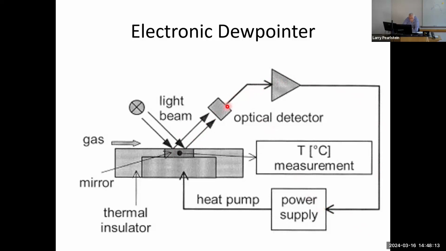So the more light strikes this, the less power goes to the heat pump, which is a Peltier effect semiconductor device. No moving parts, and cheap and easy. As soon as you start forming dew, you lose some of the brightness on the optical detector, and the cooling effect is reduced, and eventually you hit an equilibrium. A thermometer in the copper block, copper keeps temperature constant throughout, and that gives you your dew point temperature.